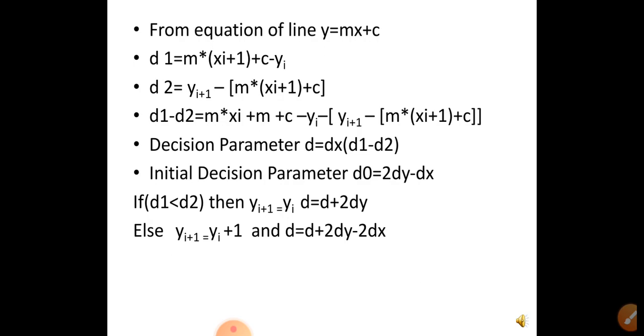This process is repeated dx times, and for each step we get the next x value and next y value, we plot the current x value, y value, and this process continues until we reach the end point of the given line.